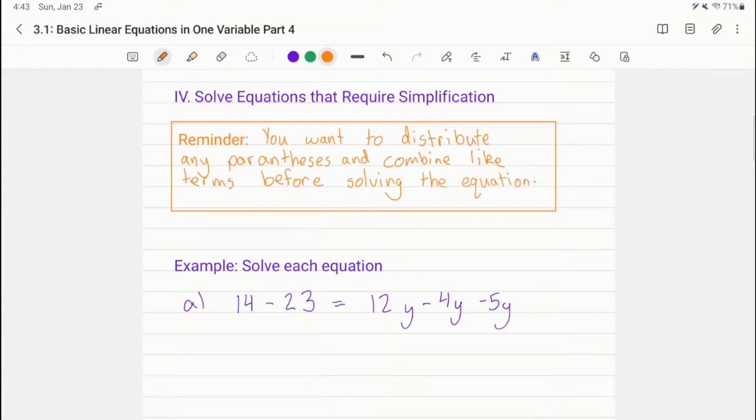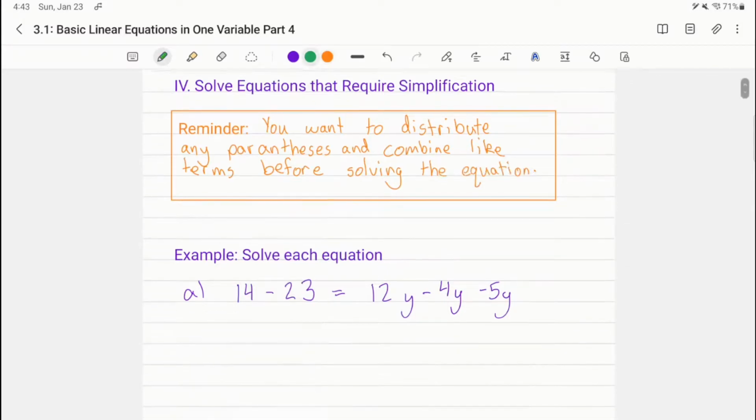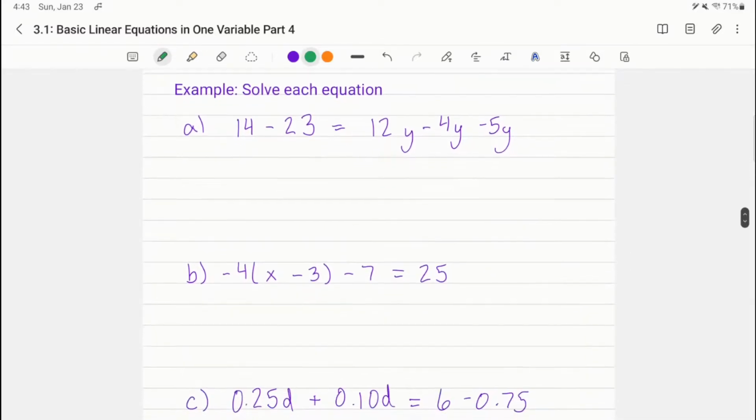Okay, so basically just distribute and combine like terms first. So with that in mind, let's jump right into the examples.